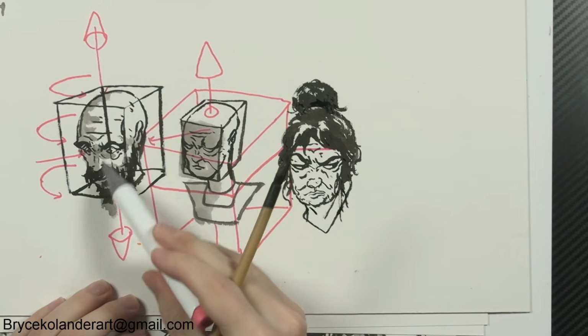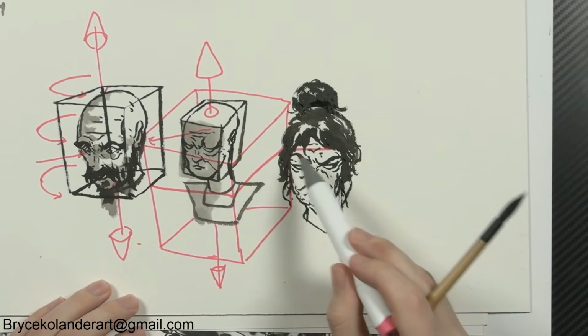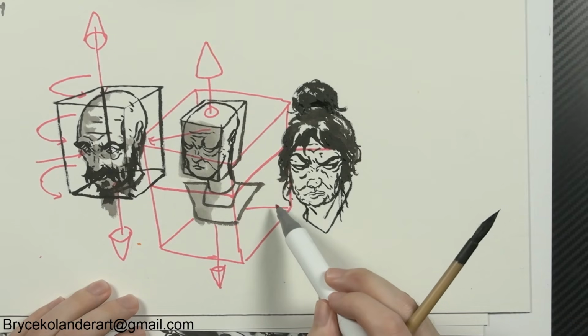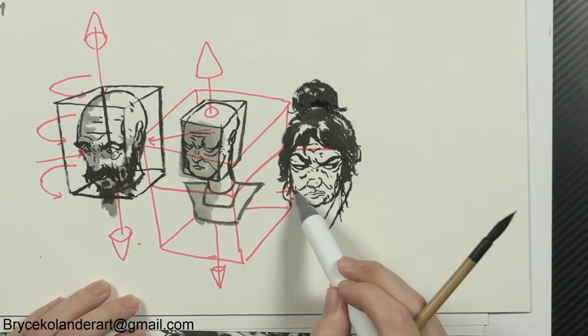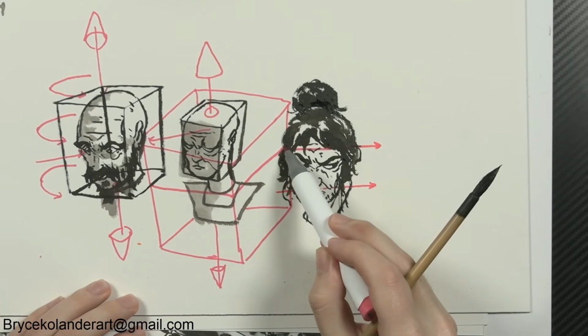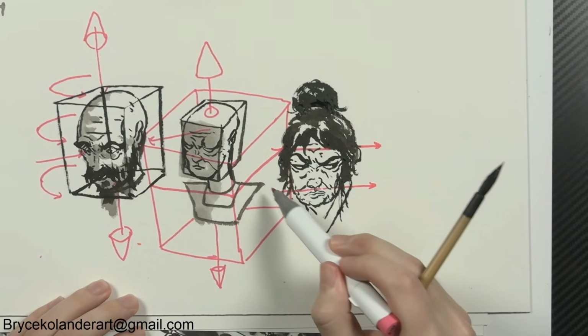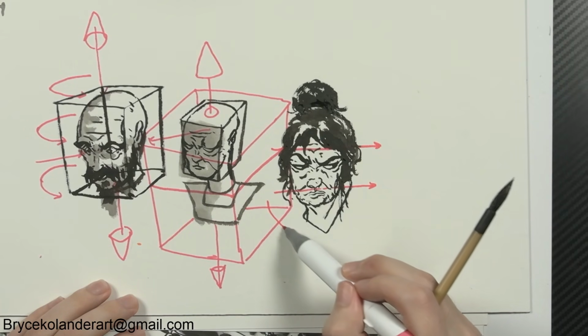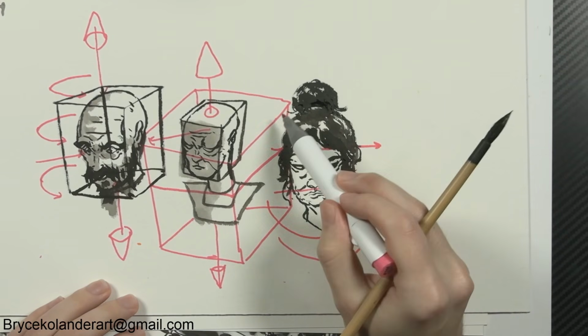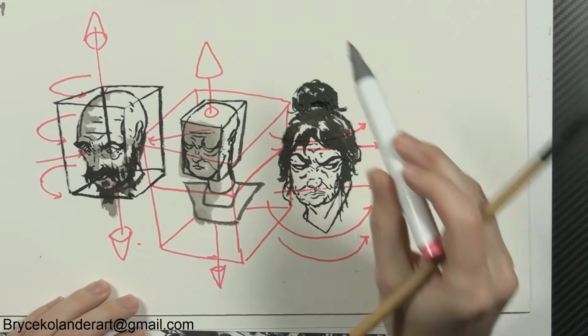the twist happens once the face is more rounded. So we don't really have too much of this flat frontal, even though it's still there. A much more important one, in my opinion, is this turning that is happening.